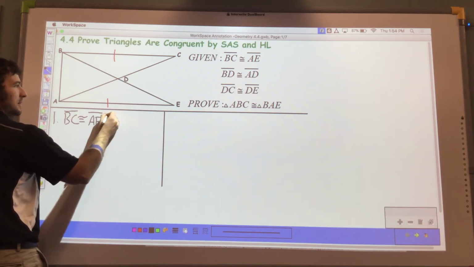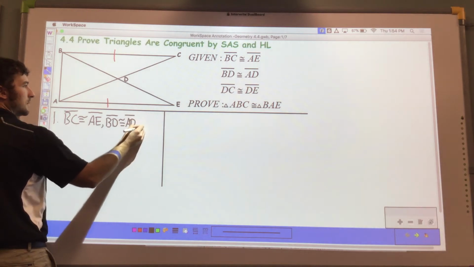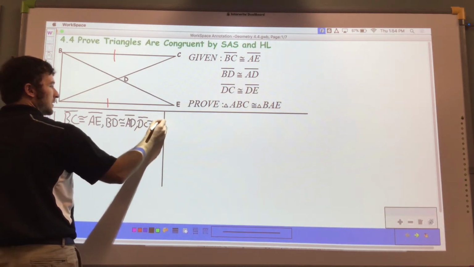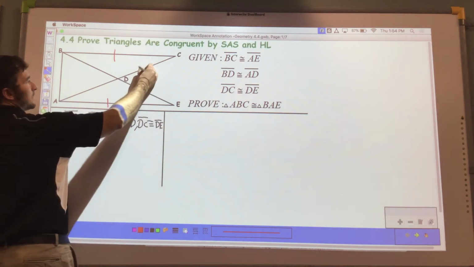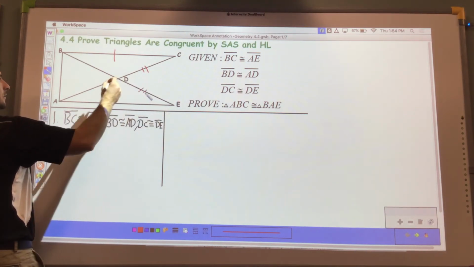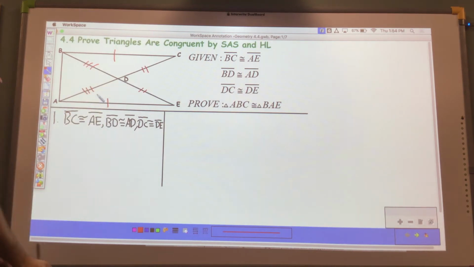Segment BD is congruent to segment AD. And segment DC is congruent to segment DE. So we'll mark those as well. So DC and DE, BD, and AD. So those are our givens.